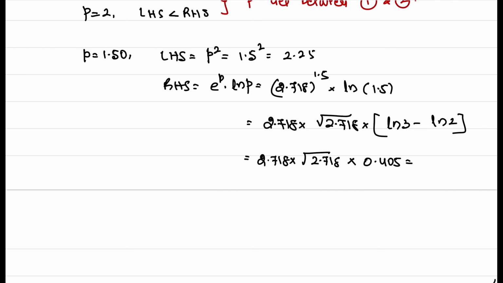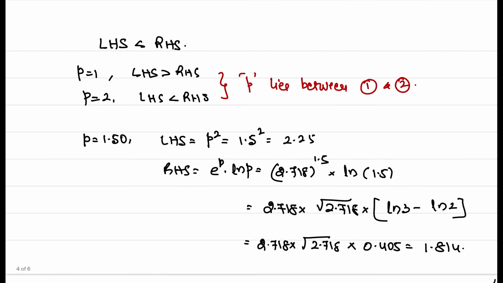What is its value? Just see. 0.814. LHS is less than RHS.